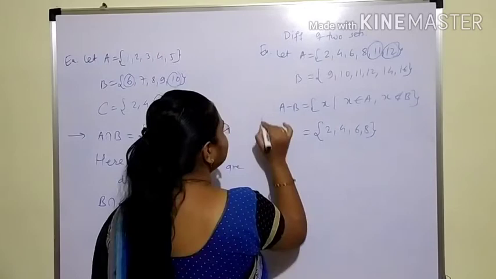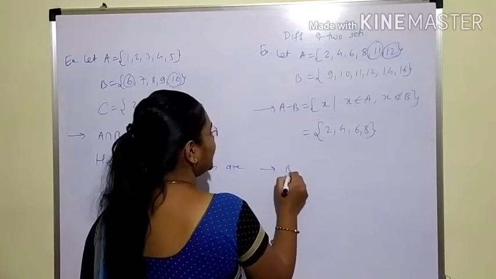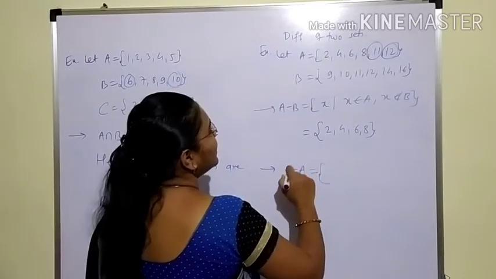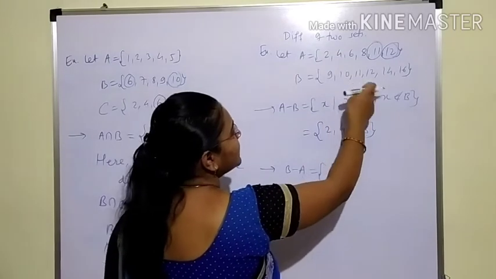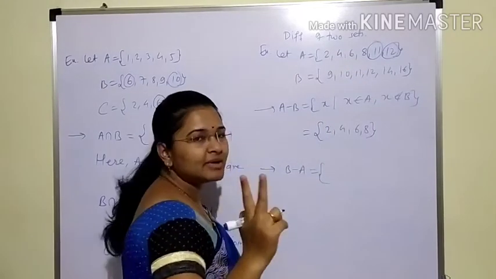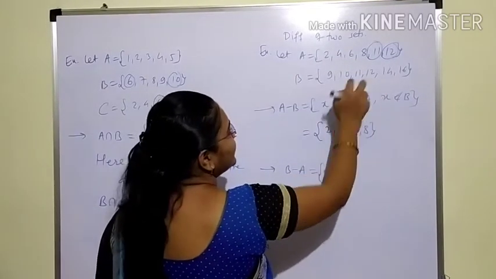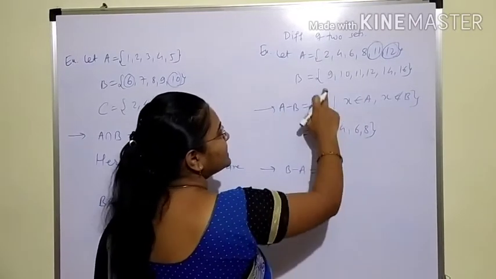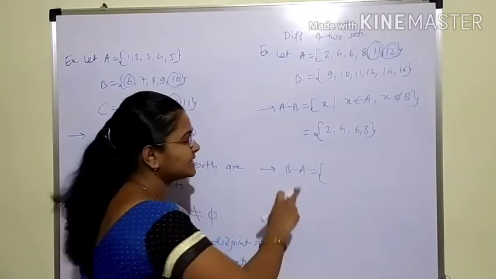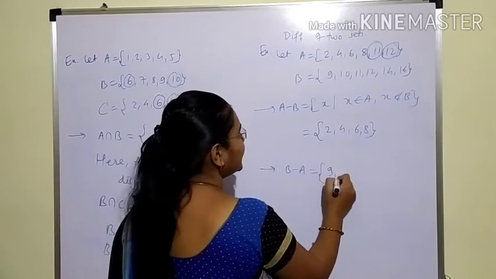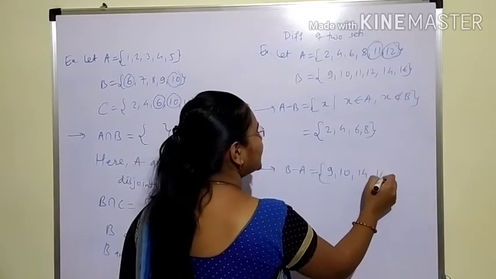Understood? Now we'll see B minus A. Now we have seen that both the sets have only two elements in common, that are 11 and 12. So we'll take out those elements and write the remaining elements for the set B minus A. That is 9, 10, 14 and 16.